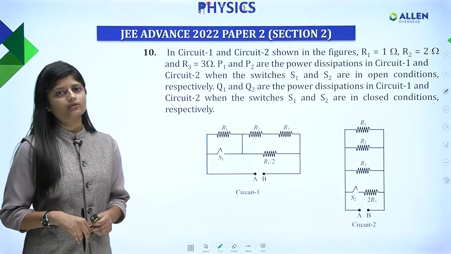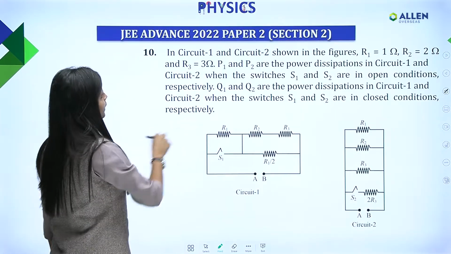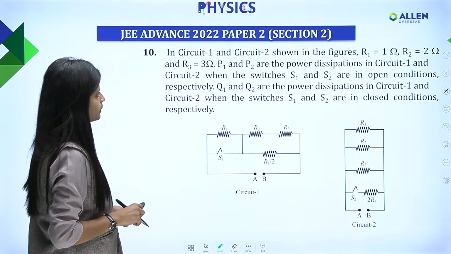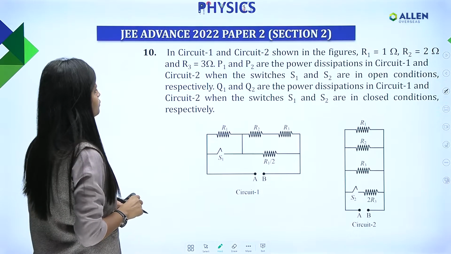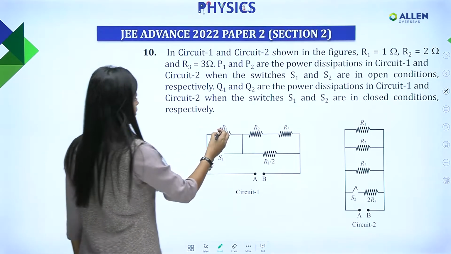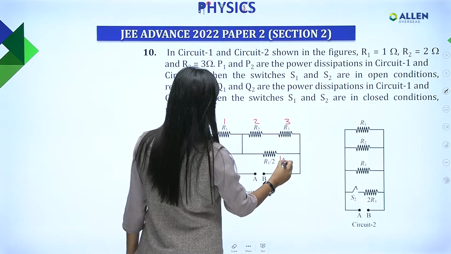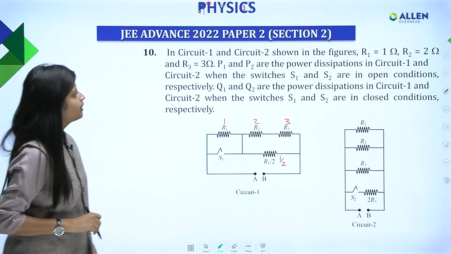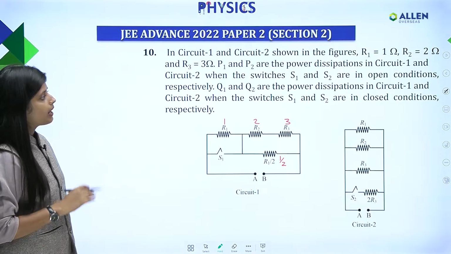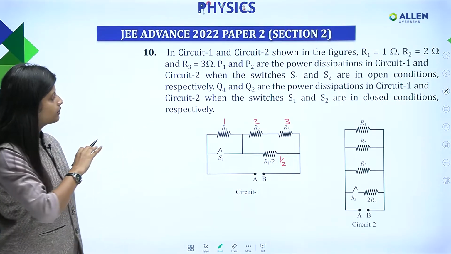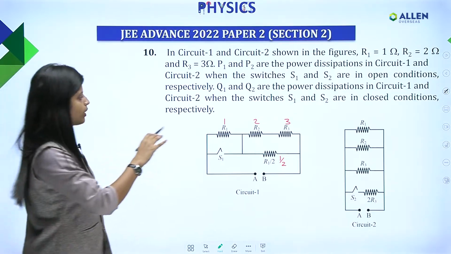Now moving on to the next question. In circuit 1 and circuit 2 shown in the figure, R1 is 1 ohm, R2 is 2 ohm, R3 is 3 ohm. So 1, 2, 3 and this is R1 by 2, which means half. Correct? P1 and P2 are the power dissipation in circuit 1 and circuit 2 when the switches S1 and S2 are open.